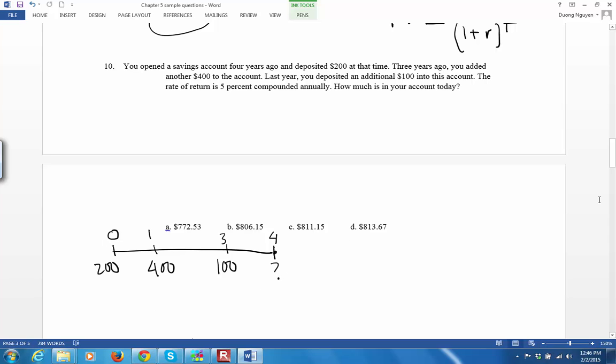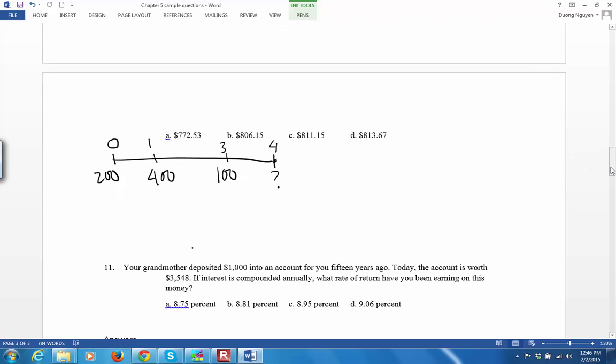Pretty simple. What you need to do is find the future value of each cash flow. If you deposited $200 4 years before, how much do you have now? It would be 200 times 1.05 raised to the power 4, because you have 4 years to earn interest, and this is equal to 243.10.